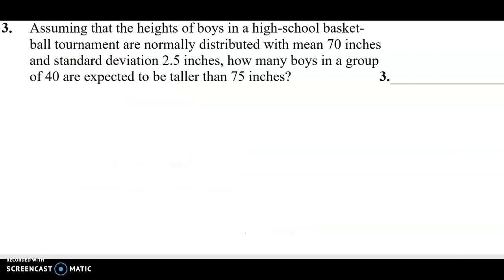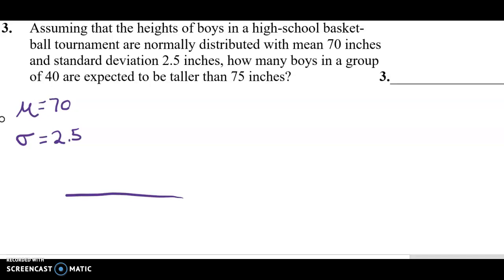For question 3, it says, assuming that the heights of boys in a high school basketball tournament are normally distributed with a mean of 70 inches and standard deviations of 2.5 inches, how many boys in a group of 40 are expected to be taller than 75 inches? I've written out the information we know. The mean is 70, the standard deviation is 2.5.